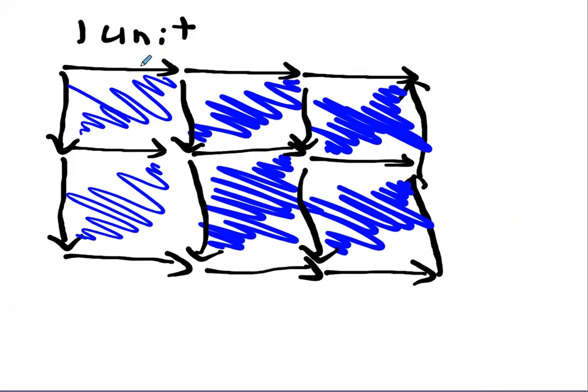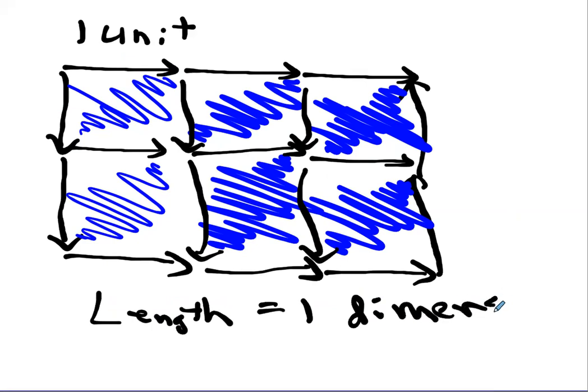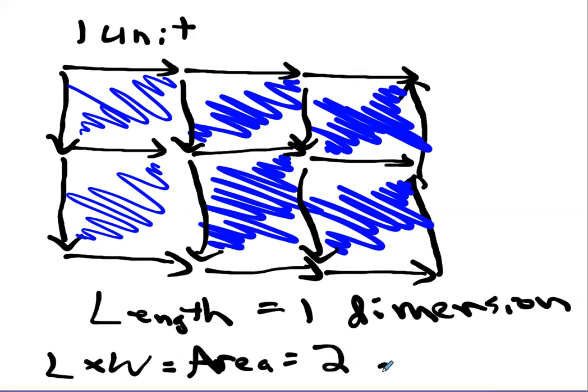I'm talking about how many 1 by 1 squares I need to fill up this area, right? And so once I go from length, which is 1-dimensional, to length times width, which is 2-dimensional, how did I do that?